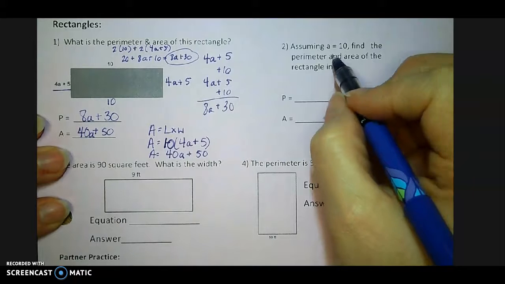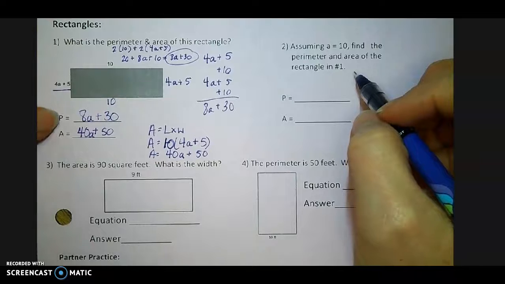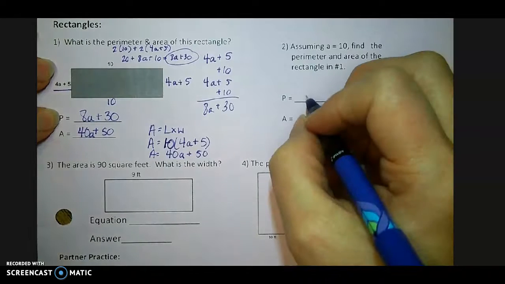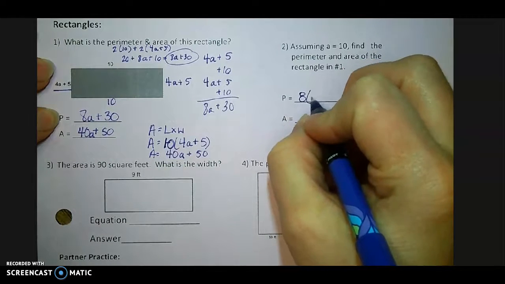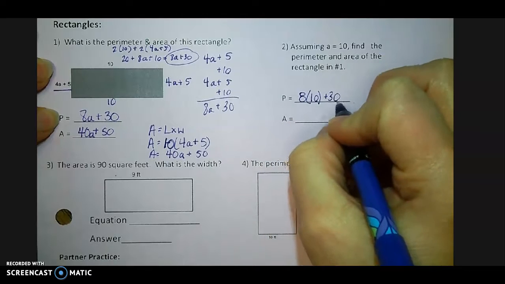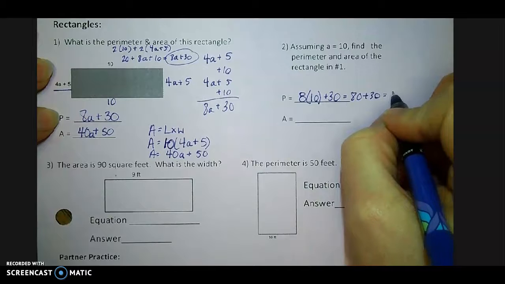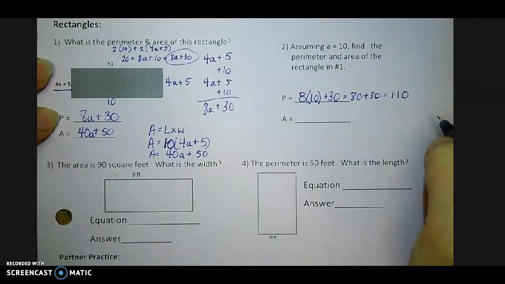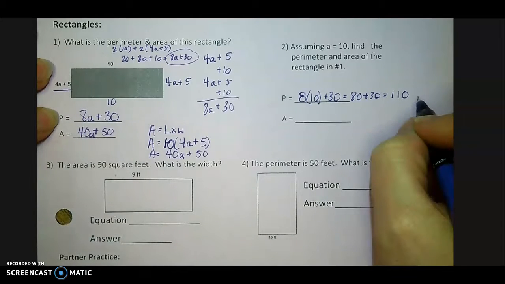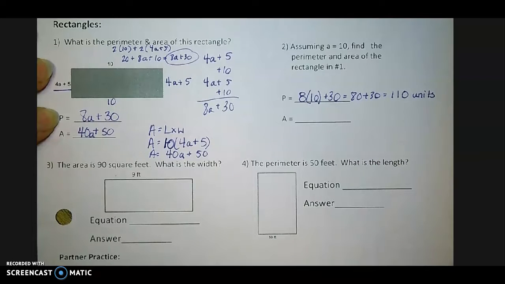Now it says, assuming a equals 10, find the perimeter and area of the rectangle in number 1. So I'm just going to go right to these. That means my perimeter is going to be 8 times 10, because that was where the a was, plus 30, so 80 plus 30, so my perimeter is 110, and they don't tell me if it's meters or anything like that, so I could just label it as units.